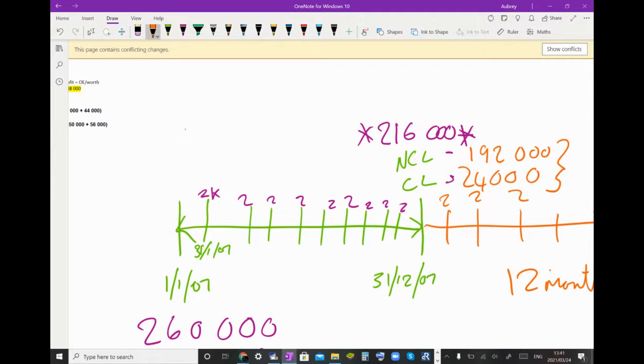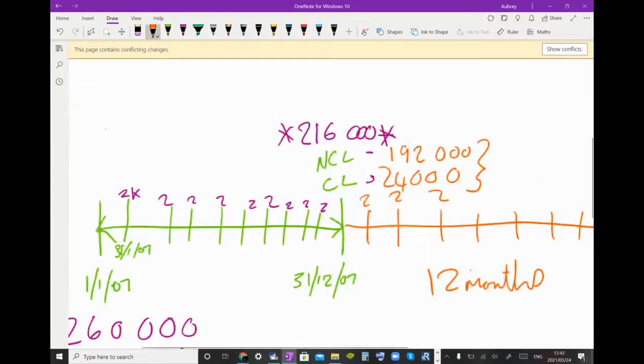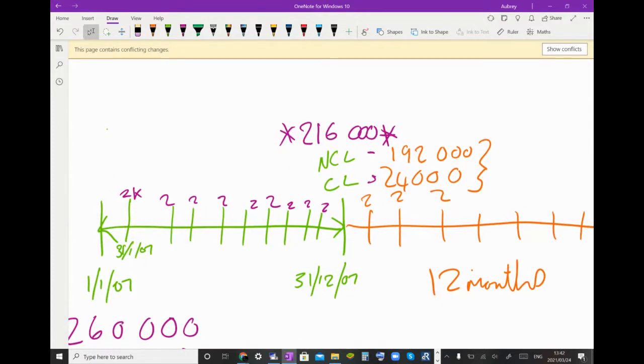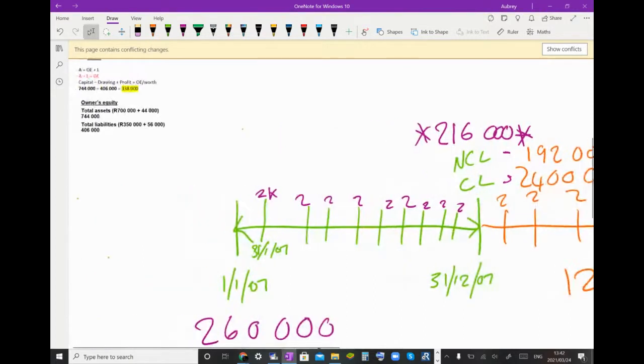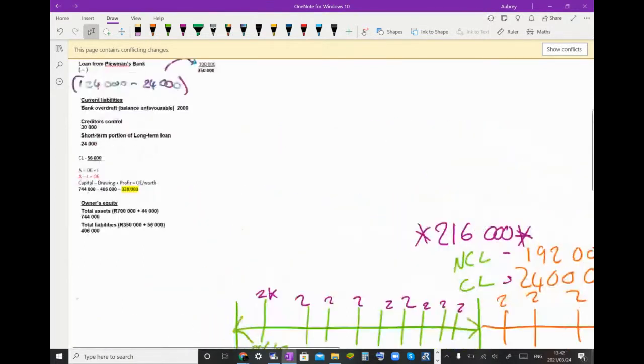This exercise seems very simple, but even for me, when I first tackled it in preparation for class, it was like, whoa, what exactly is going on here? What are they actually asking? Timelines can help you quite a bit in breaking down where am I, what do they want. Cool. Any questions before we move on?